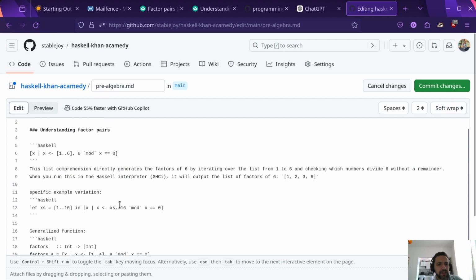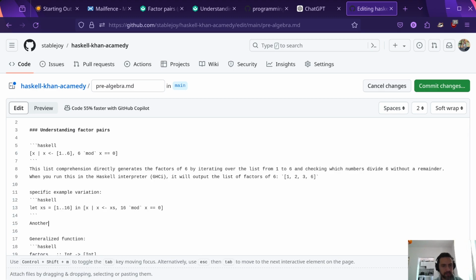Haskell specific variation. Another variation, without the mod. But it's worse.